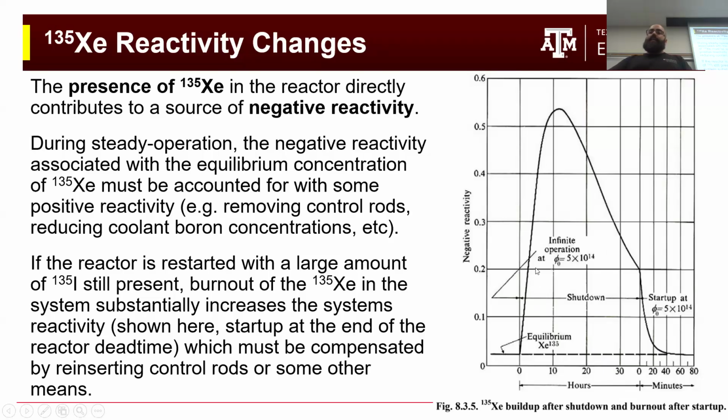So the iodine is decaying and producing more xenon. Eventually, there's no more iodine left, and then the amount of xenon just exponentially decreases. And then once I start the reactor back up, there's a period where my xenon concentration decreases even faster because it's being lost due to absorbing neutrons and it's being lost due to its own decay.